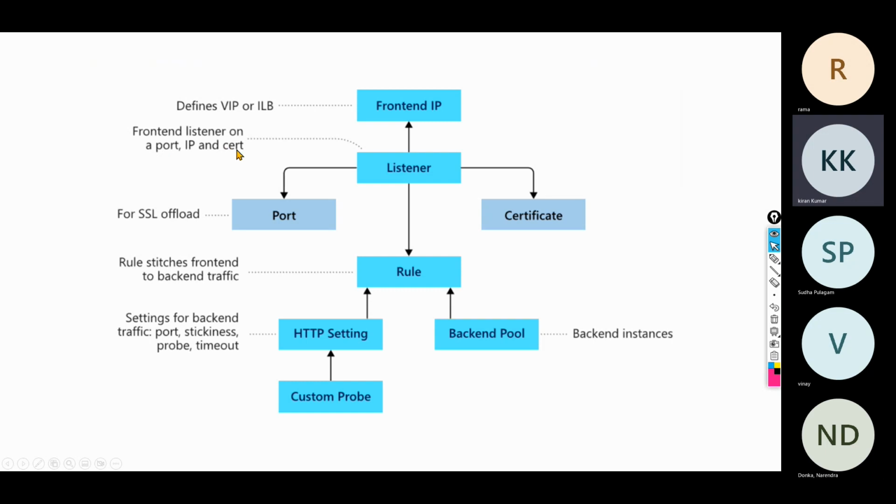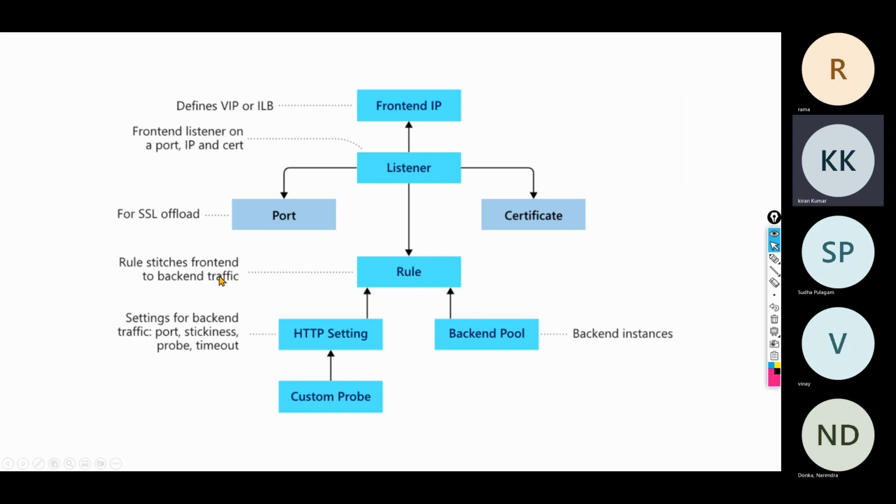If it is HTTPS, it means an SSL certificate, the IP address through which they connect, and the port number they are using, port 80 or port 443, because based on how the website is hosted on the backend, it needs to route the traffic accordingly. For SSL offload, if it is using the SSL certificate here, it will check whether that certificate is valid or not, and accordingly route the traffic.